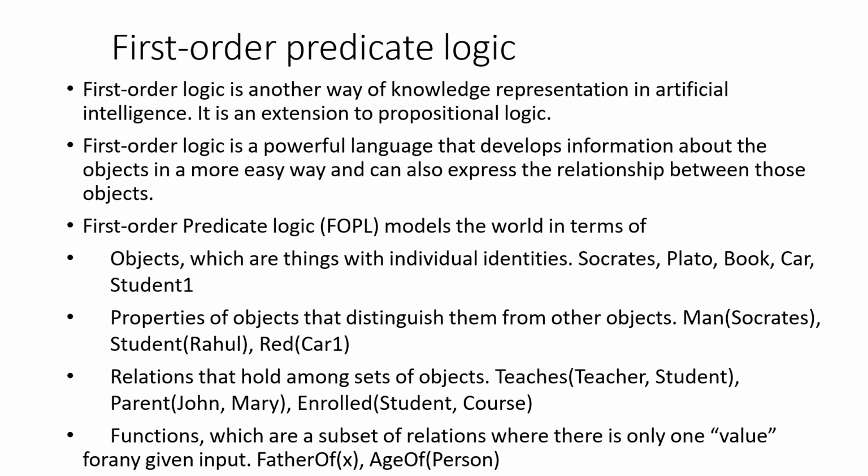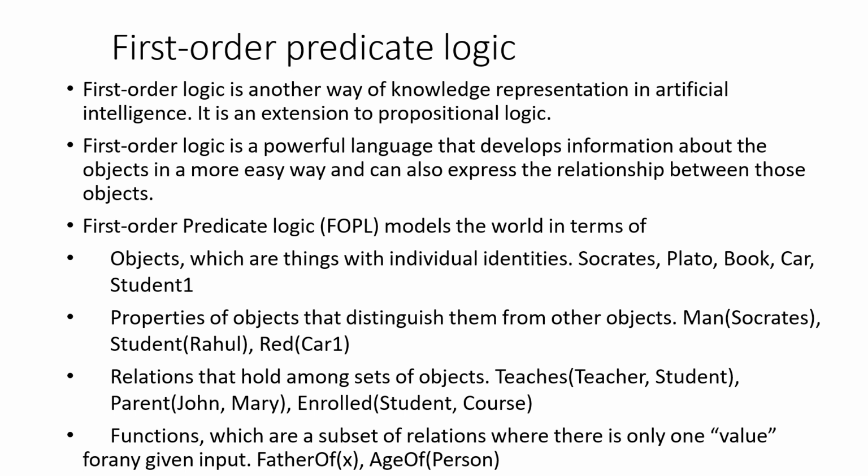We can see examples: man Socrates, student Rahul, and red car one. The properties describe the characteristics of the object. They tell us what an object is or what it is like. So man Socrates means Socrates has the property of being a man. Then student Rahul means Rahul has the property of being a student.